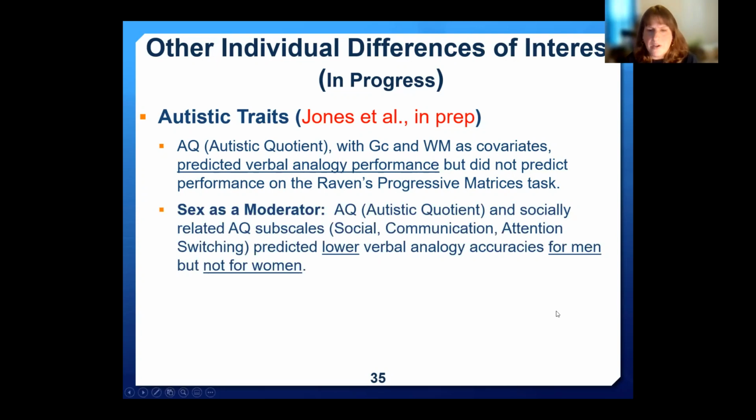The other interesting finding is sex served as a moderator. The autistic quotient, and particularly the socially related subscales of social, communication, and attention switching, predicted lower verbal analogy accuracies for men, but not for women. So this impairment of these autistic-like traits held only for the men and not for the women. I can talk more about that in a little bit.